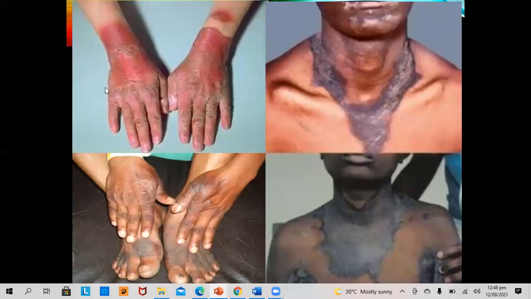See the different manifestations of pellagra, mainly affecting the hands and feet, with clear demarcation from the photo-exposed to non-photo-exposed areas, and typically associated with a V-shaped rash on the neck called the Casal necklace.